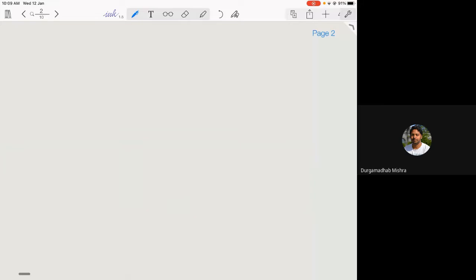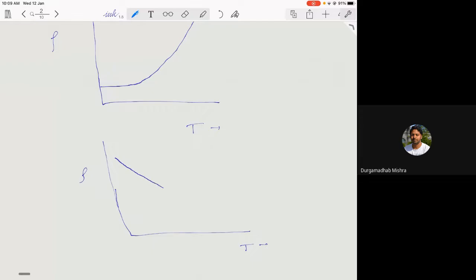So if you plot the resistivity as a function of temperature, for a metal, the dependence looks like this. Now, if I take a semiconductor, the resistivity will decrease as you increase the temperature. So this is a semiconductor.